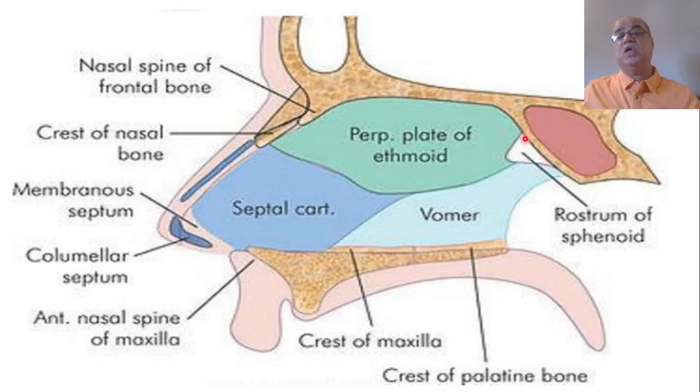This is not attached to the sphenoid bone because in between there is the perpendicular plate of the ethmoid and the vomer. So septal cartilage is not directly attached to the sphenoid bone, but it is attached to the ethmoid, the vomer, the maxilla, the frontal bone, and the nasal bones. So just going back to the question.